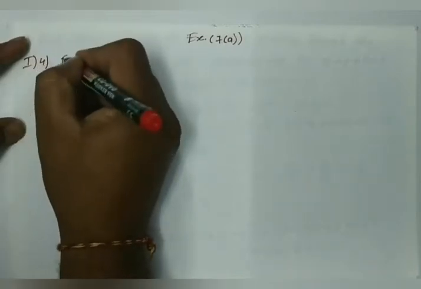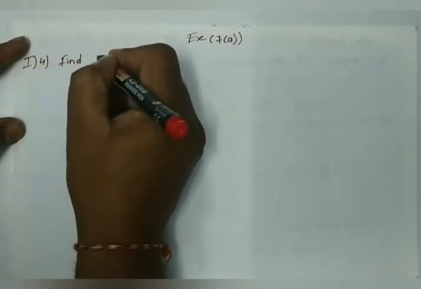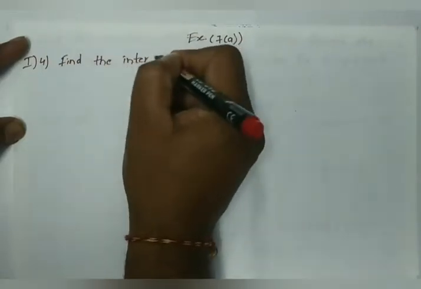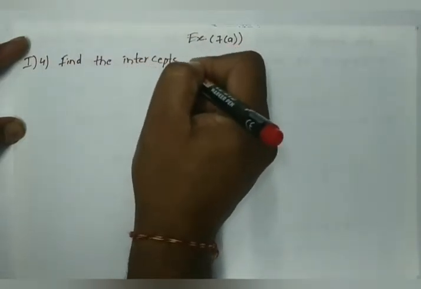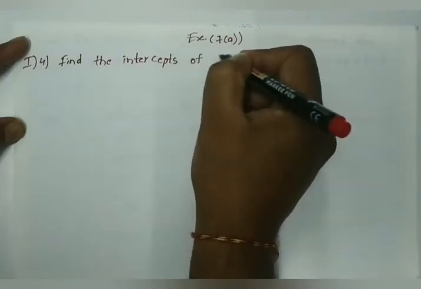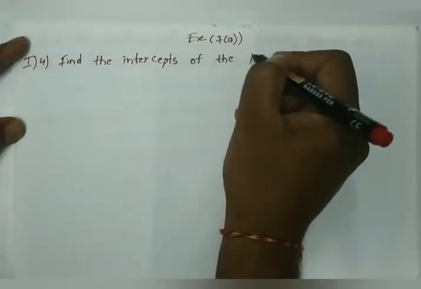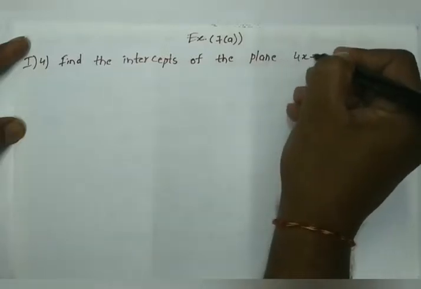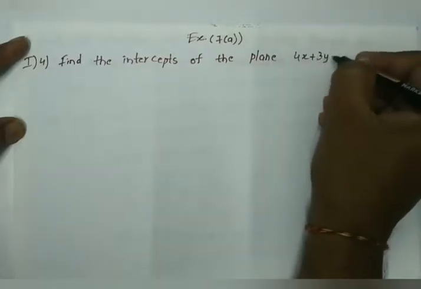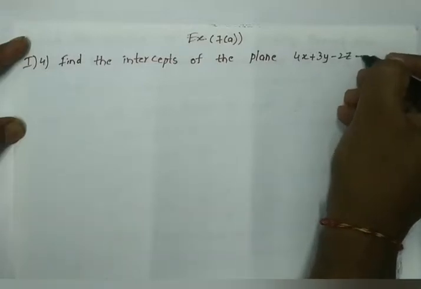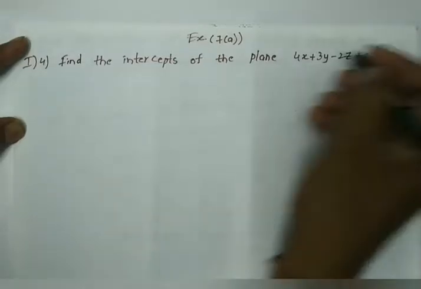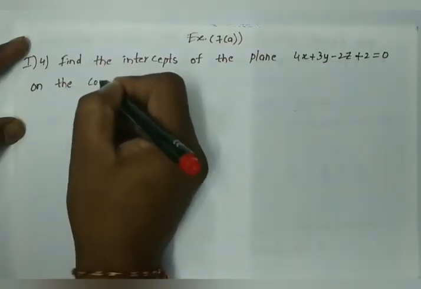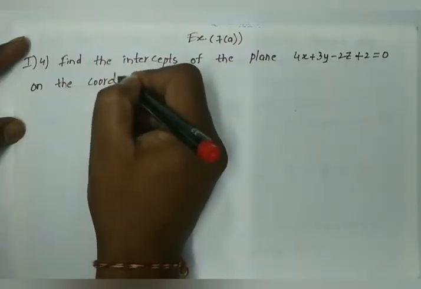Find the intercepts of the plane 4x + 3y - 2z + 2 = 0 on the coordinate axes.